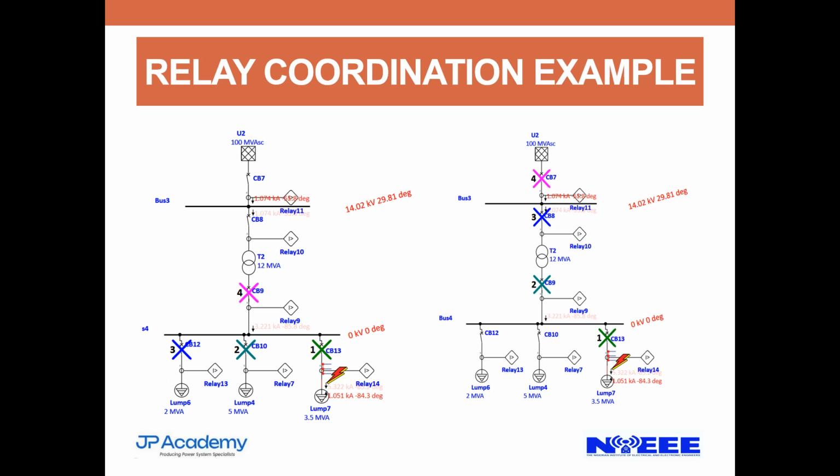Okay. Can I come in here? Yes, you can. So I think if I assume that those breakers in green mean they are going to operate simultaneously, it means that the bus protection and the feeder protection are not coordinated, because the expectation is that the feeder should trip first before the bus.